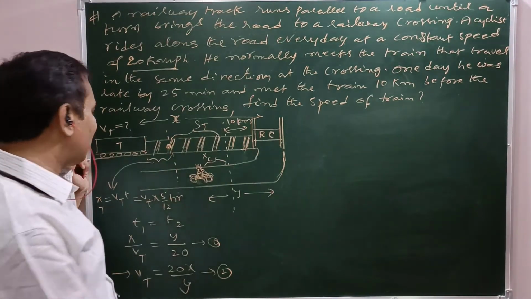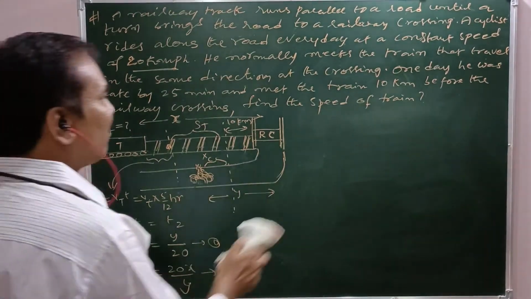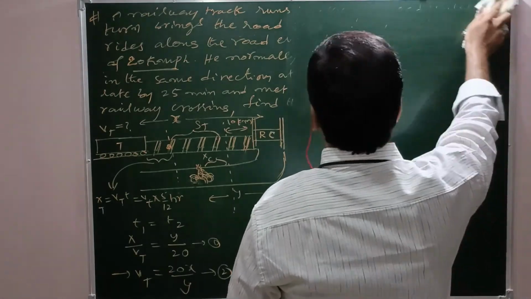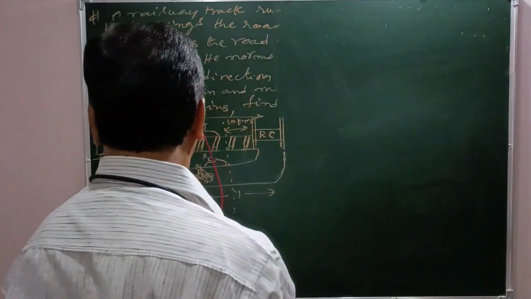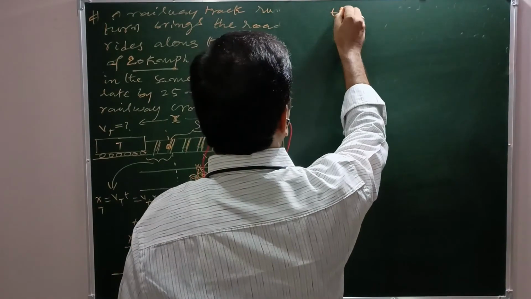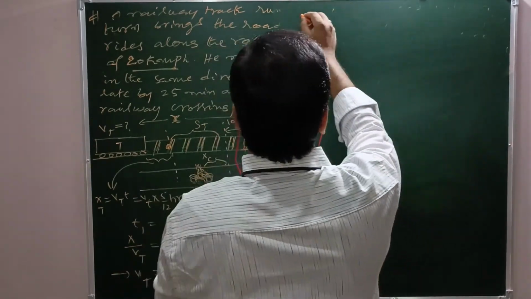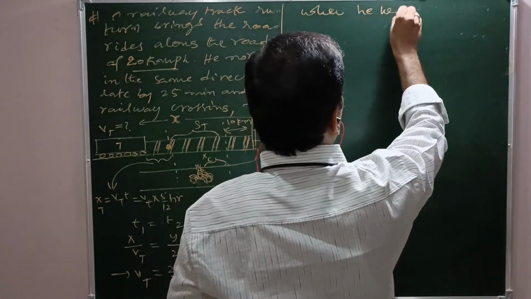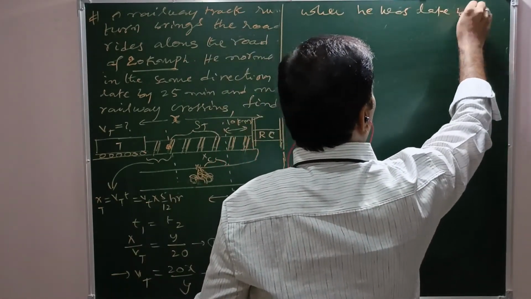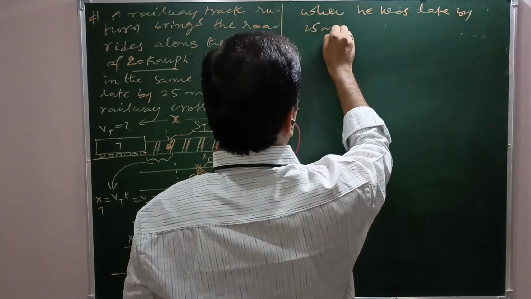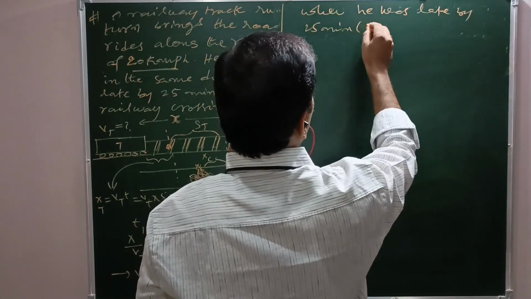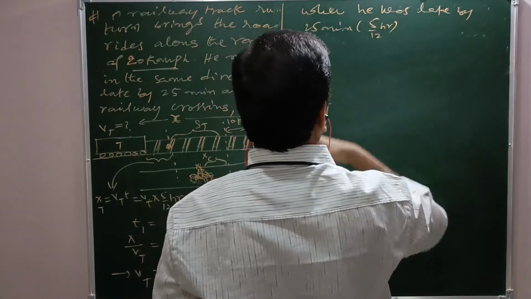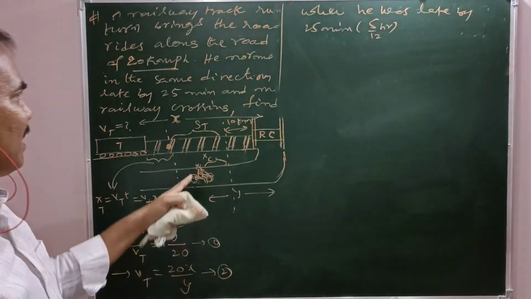So T1 equal to T2 once again, when he was late by 25 minutes, that is 5 by 12 hour.